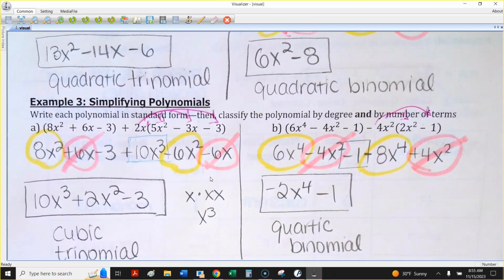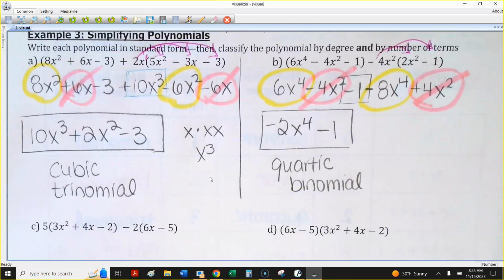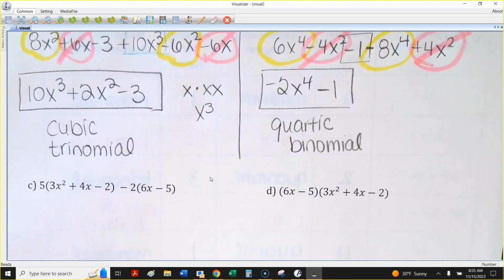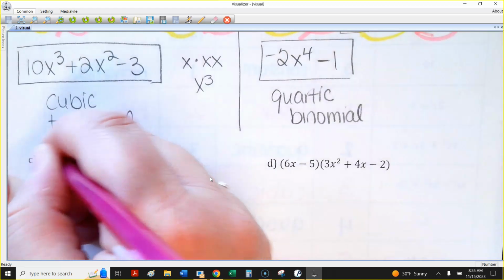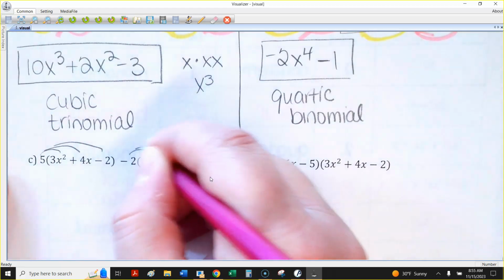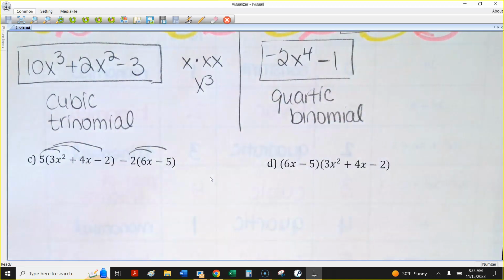Why don't you guys try letter C here. See if you can, and this is subtraction, but it's also got a little distributive property mixed in here. So a little distributive property on each of those sets of parentheses, and then we're going to combine like terms. And then the last 2 questions, all we're going to do is multiplication.